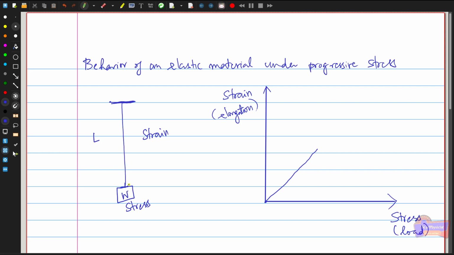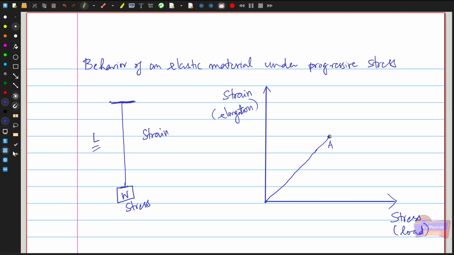This happens up to a certain point of stress, which may be taken as A. At this point, the material is acting as a perfectly elastic material.